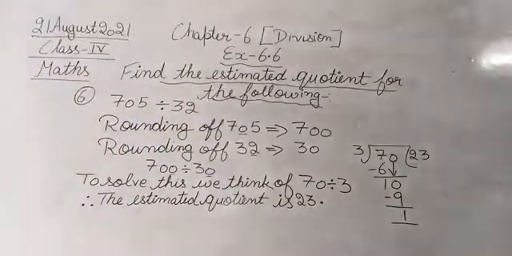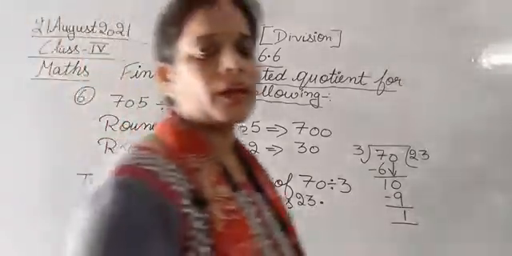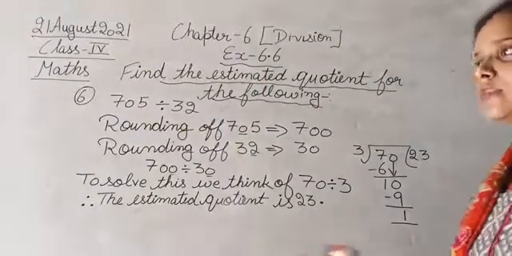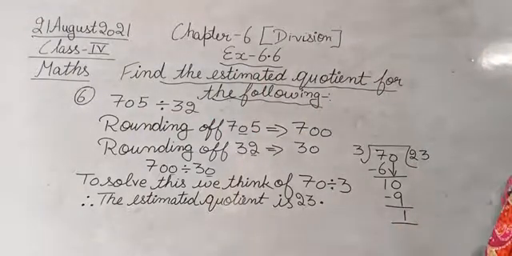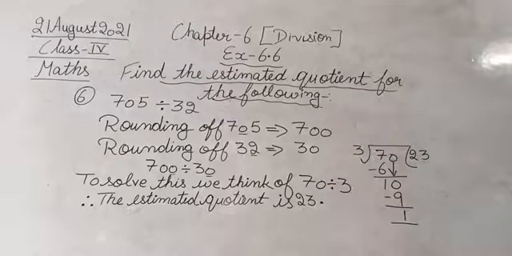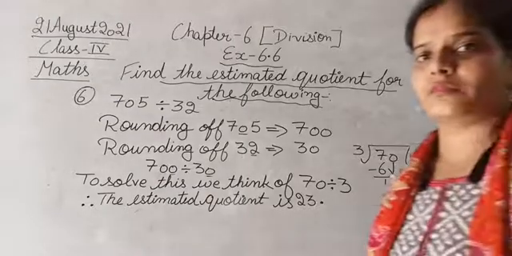Therefore, the estimated quotient is 23. So this is the solution of question number 6. The estimated quotient that we have got after the calculation is 23, whereas the remainder is 1. But they have only asked us the question here, so we are going to mention the quotient only. Therefore, the estimated quotient is 23. Done?